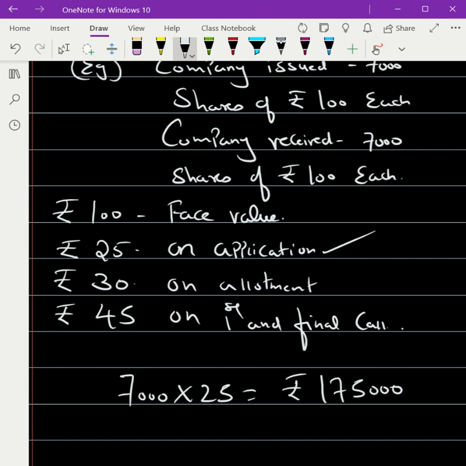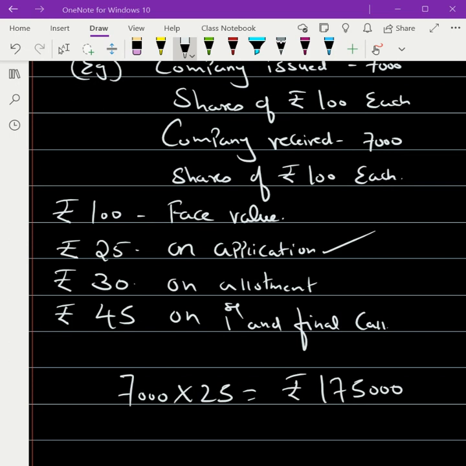Okay, so suppose they are giving you a question. X Limited have issued these many shares for subscription. The company received this many shares from the public as the response. The face value of the share is 100. The split up of the values has been given to us, and accordingly they ask you to calculate the called up capital.